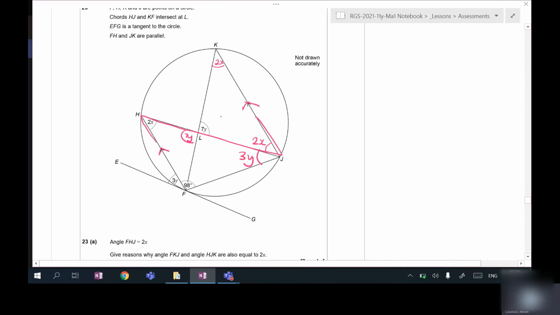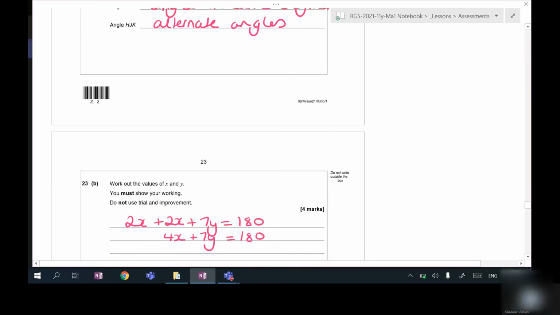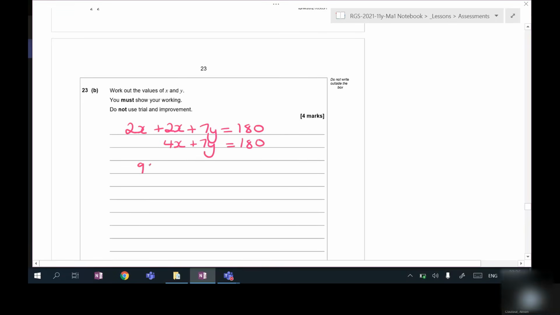So that would have to be 3y as well. Okay, so if we think about this big triangle here, we've got 98, 3y, and 2x. And we know that's going to equal 180. So 2x and 3y, if we take away 98, so it'd be 82.